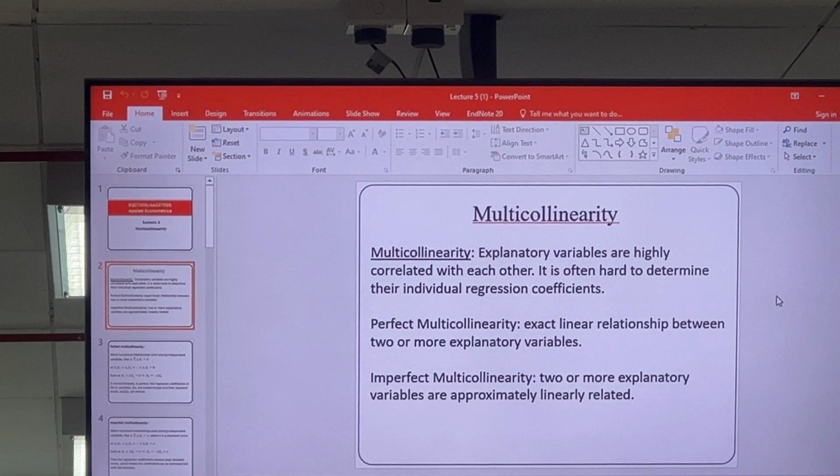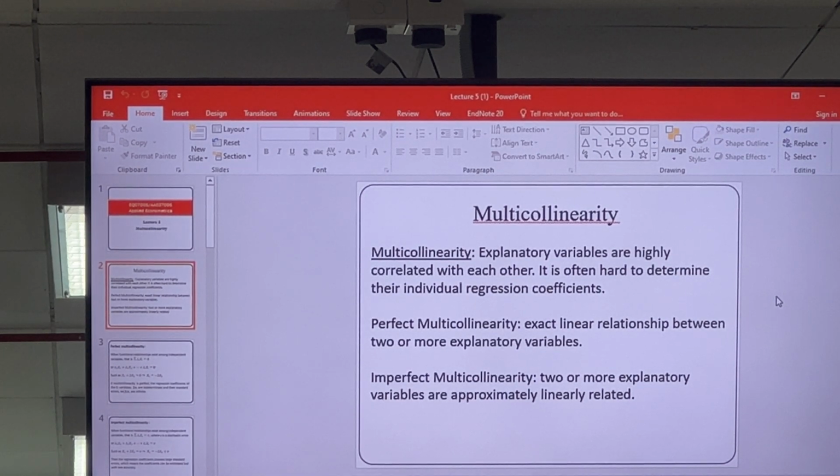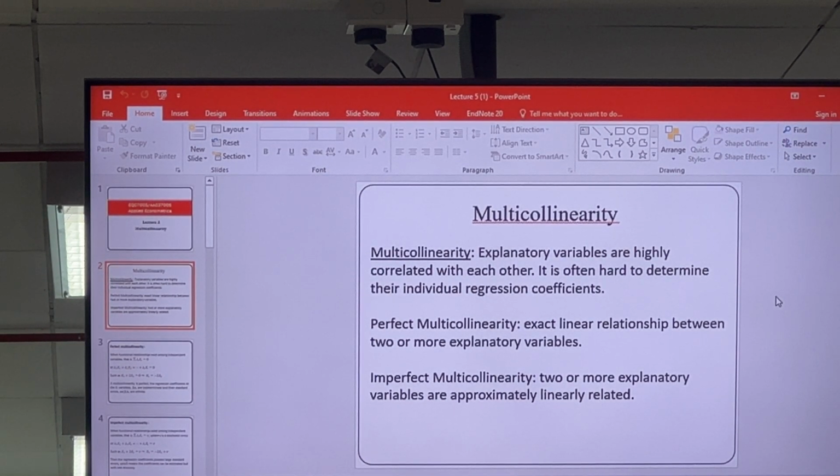So what is multi-collinearity? Multi-collinearity is a problem when explanatory variables are highly correlated with each other, so it is often hard to determine their individual regression coefficients. So we have a linear relationship between the x, between the regressors, the independent variables.